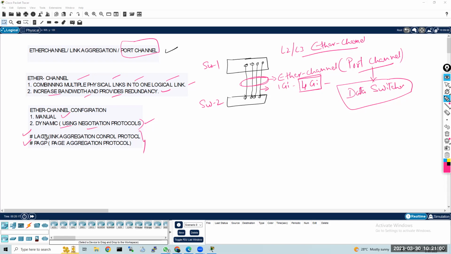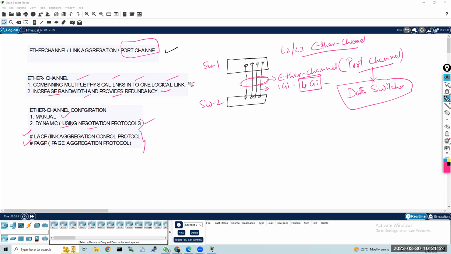We can make that like in a VLAN itself, right? In VLANs we make FastEthernet ports everything into a single network. The same concept? Yes, same concept.